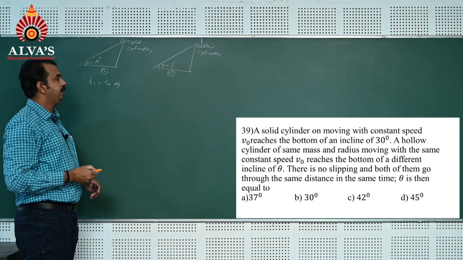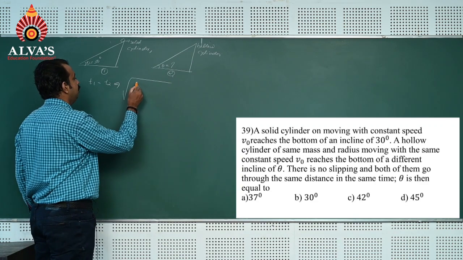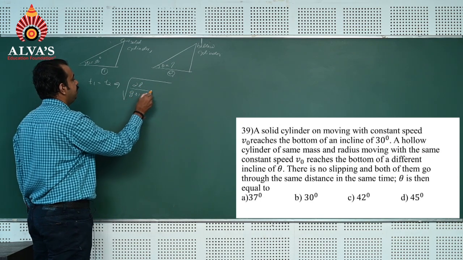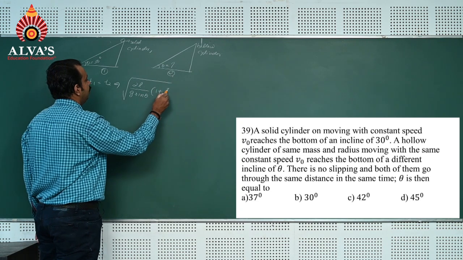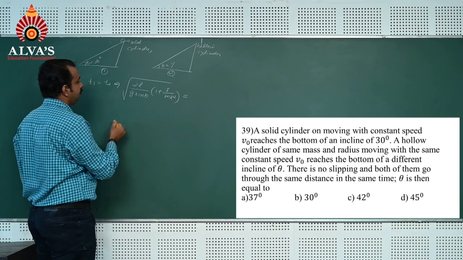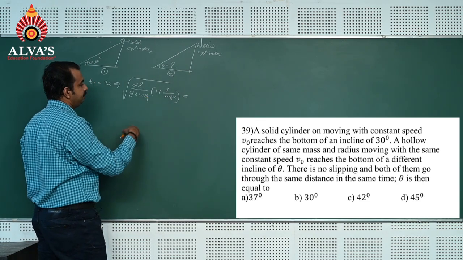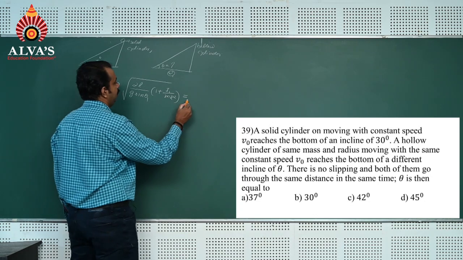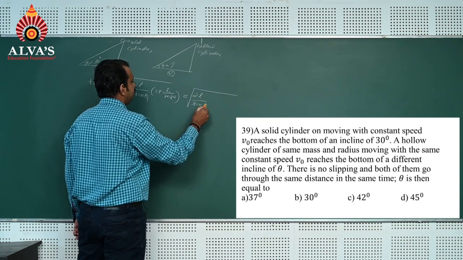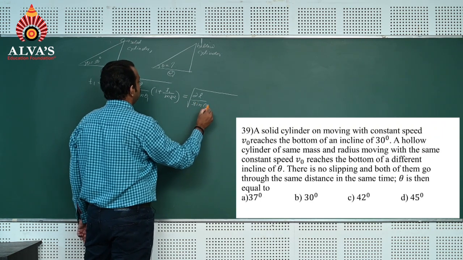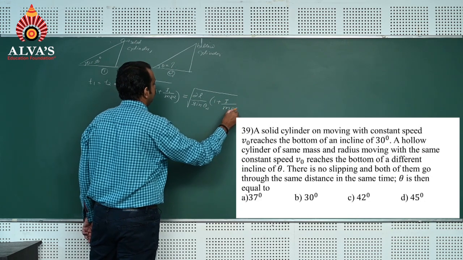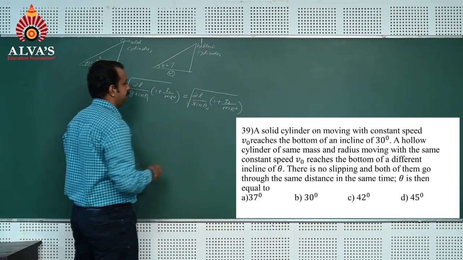T1 is root of 2L by g sin theta into 1 plus I by m r square, which is equal to, taking this as theta 1 and I1, 2L by g sin theta 2 into 1 plus I by m r square, which is I2 here.